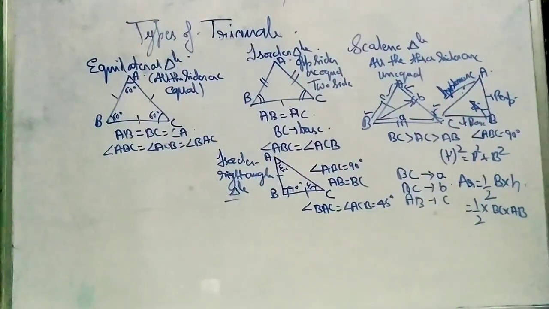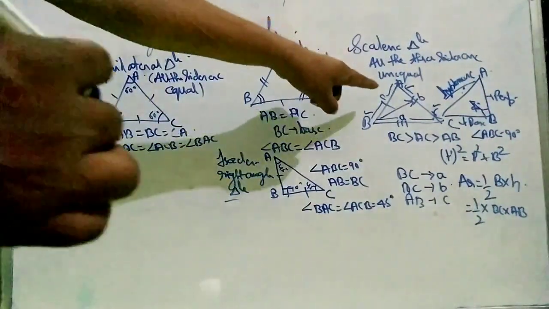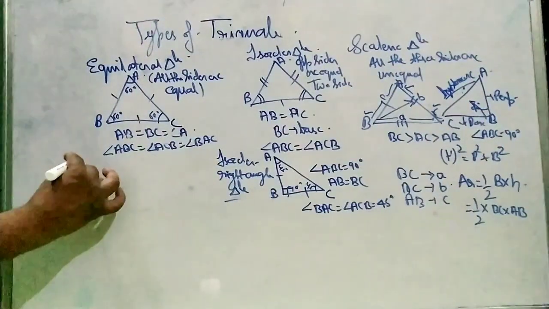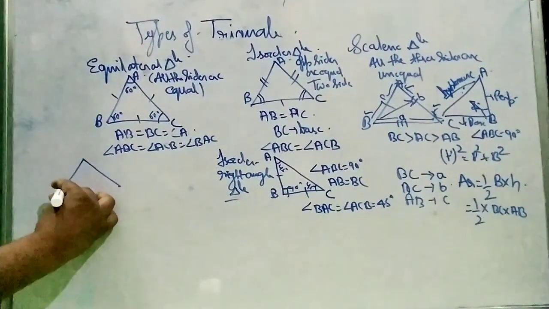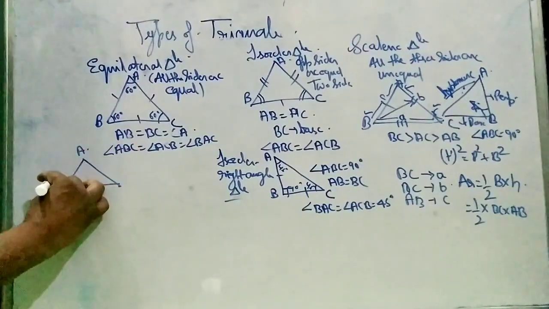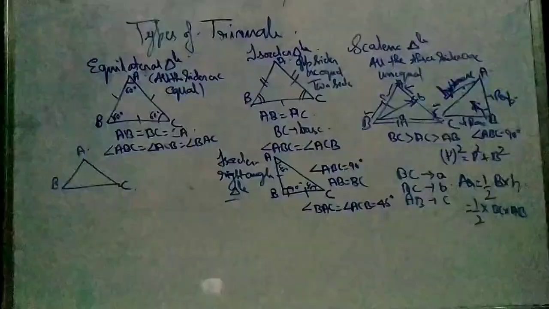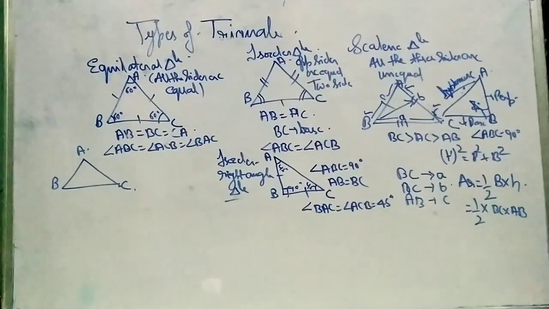Suppose in a scalene triangle, this is a scalene triangle, we have to calculate the area of triangle ABC or any triangle, and the height is not given. We know the formula is half base into height, so what will we do?